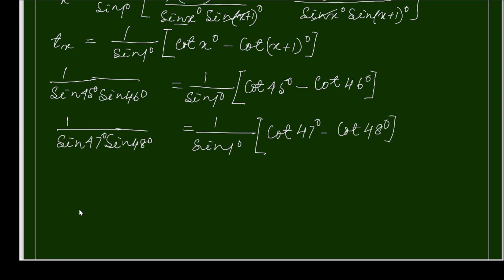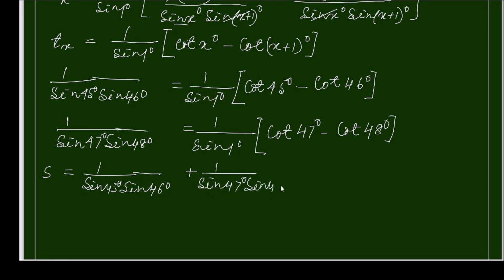So now taking the sum. The sum, as in the question, is 1 over sine 45 degree sine 46 degree, plus 1 over sine 47 degree sine 48 degree, and so on up to sine 89 degree sine 90 degree; in between, these terms will come.